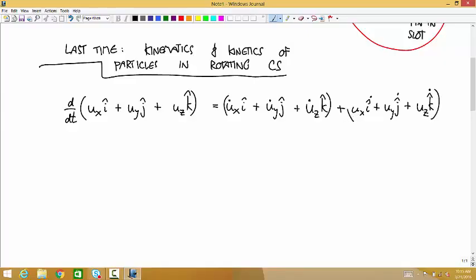And that's nothing complicated. That's just the product rule.